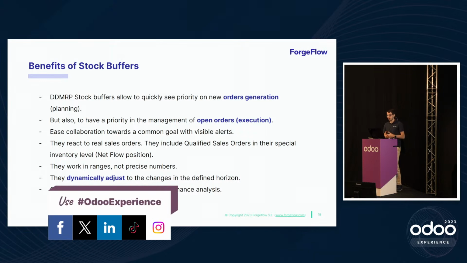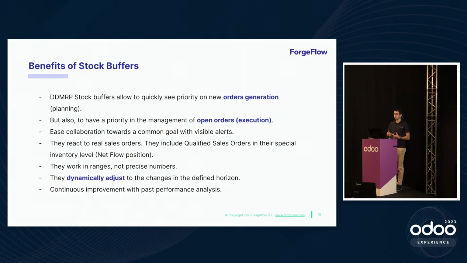And they also give priority for execution of open orders in a manufacturing plant or even for purchasing. They ease the collaboration towards a common goal. If you give visibility of these metrics and these buffers at the appropriate points, all the people in the organization work toward a common goal. And that's better than having different KPIs for everyone.